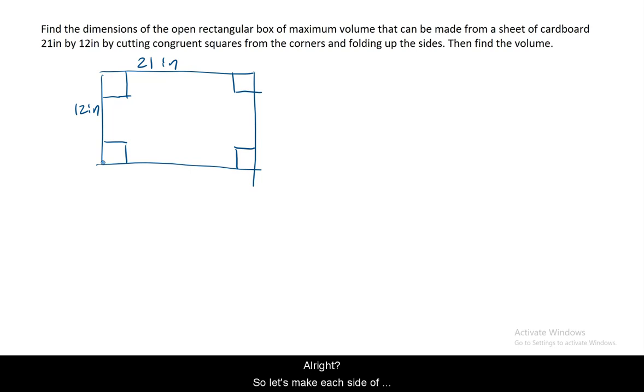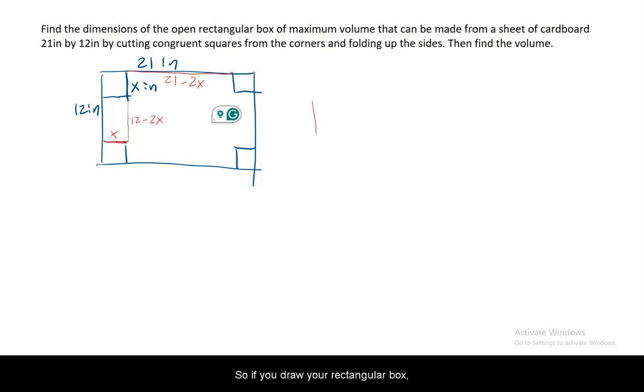Alright, so let's make each side of that square x inches. In that case, this side will be 21 inches minus 2x, right? Whereas this side will be 12 minus 2x, and we have this being x. So if you draw your rectangular box, that'll be something like this.